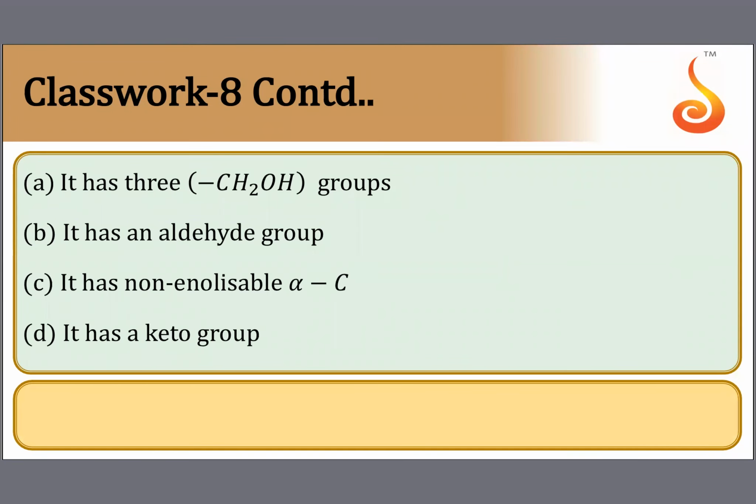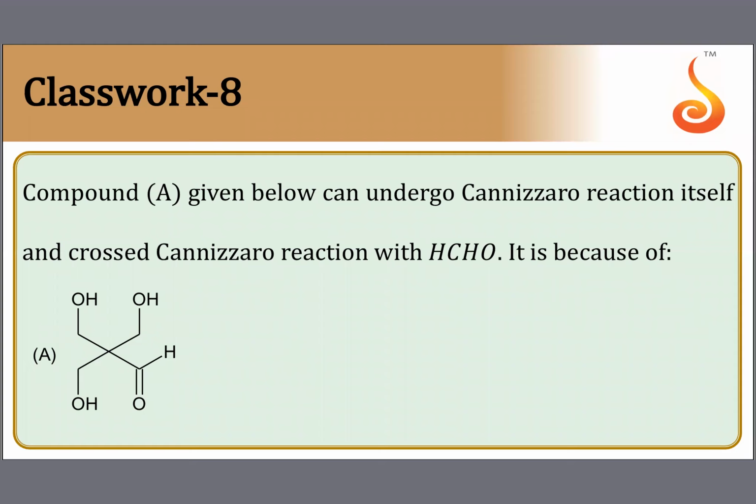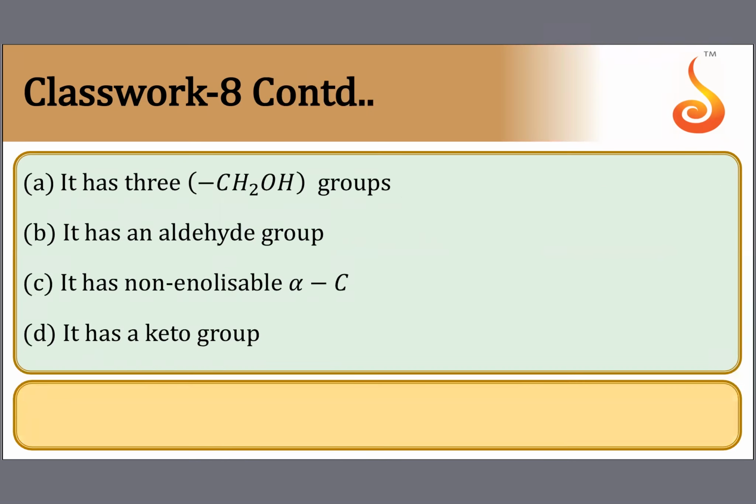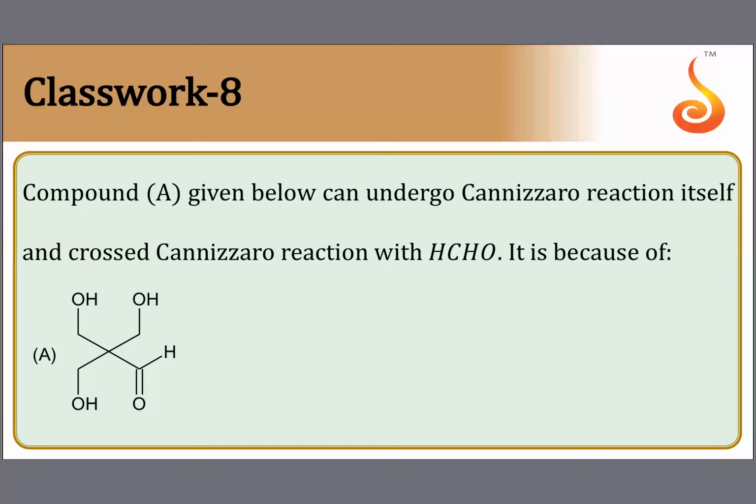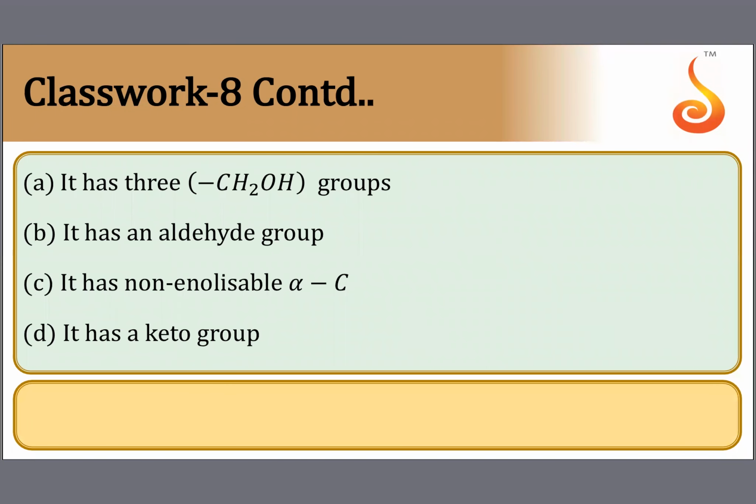Reasons, you say, expect the reasons. It has 3 CH2OH groups. Is it correct? Check where the 3 CH2OH groups are. It has 3 CH2 groups. It has an aldehyde group. Correct. It has a non-enolizable alpha carbon.